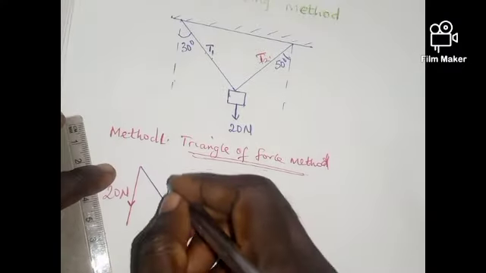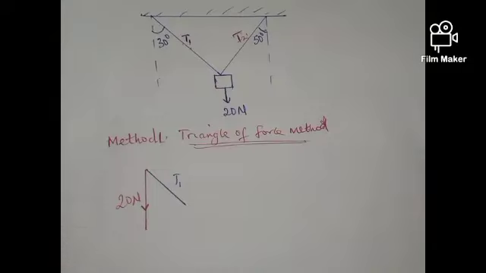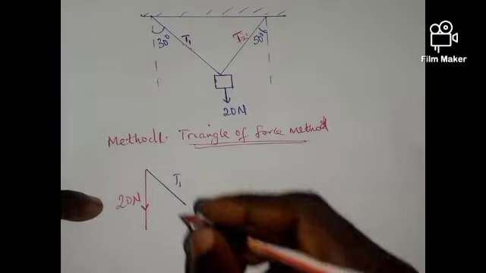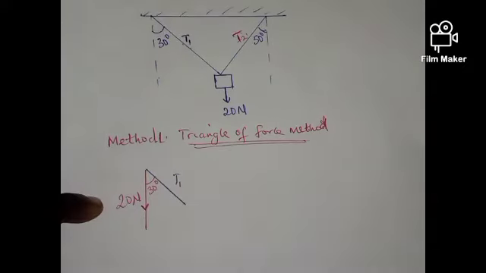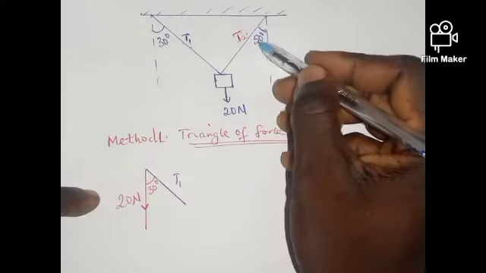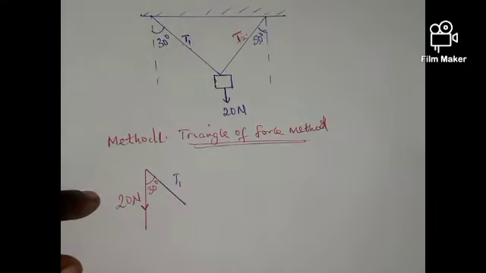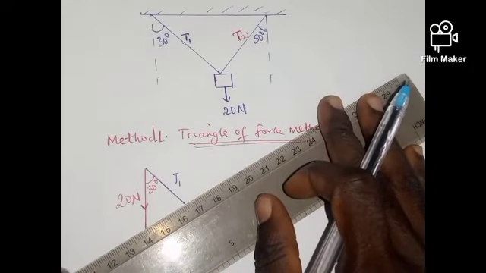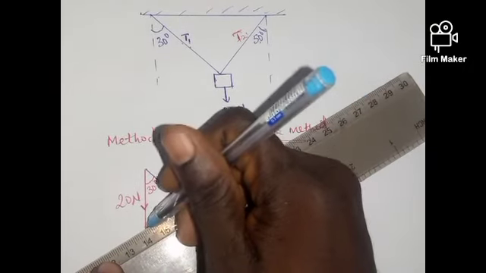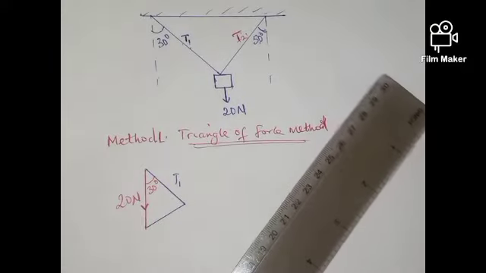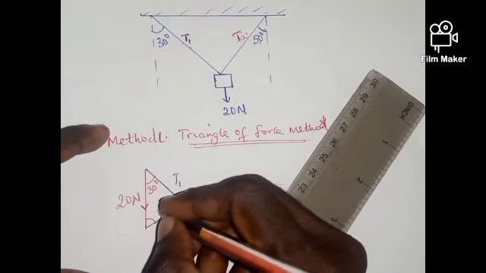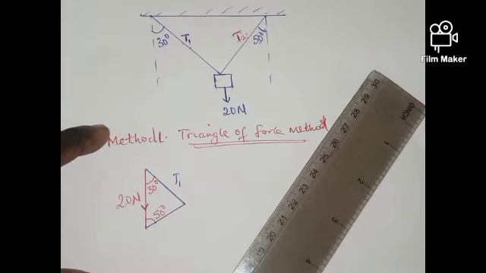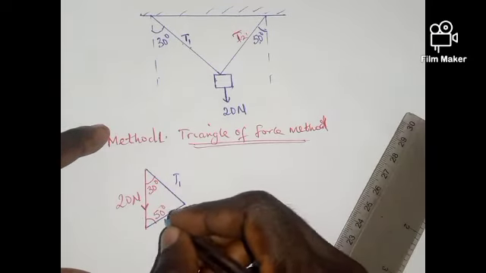So this is T1, making an angle of 30 degrees with the vertical. Then T2 making an angle of 50 degrees with the vertical on the other side. So this is 50 degrees, and this is my T2.